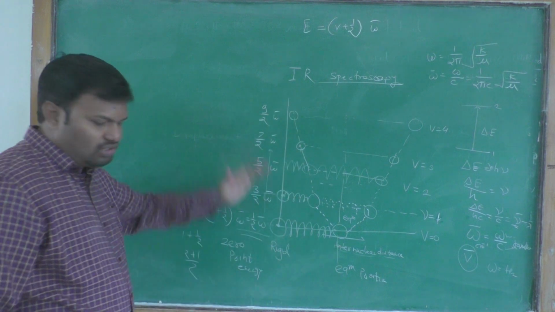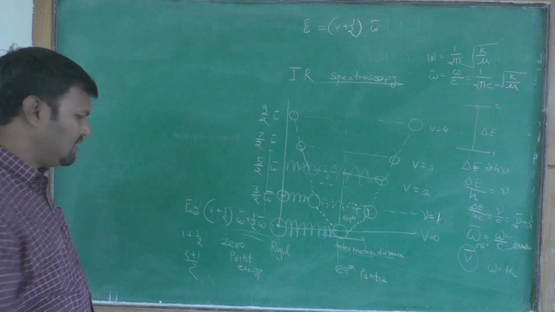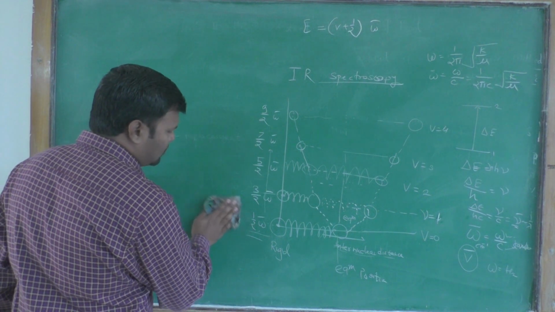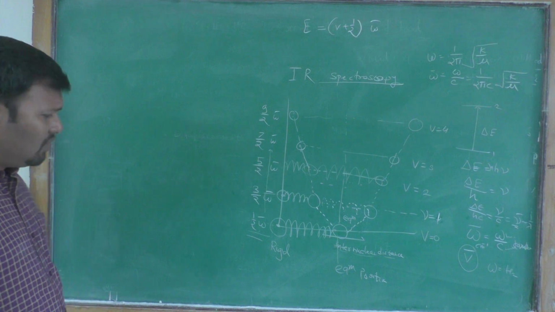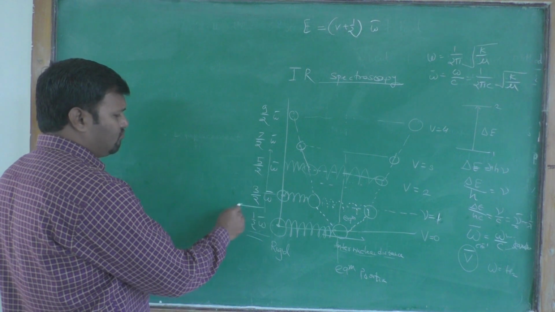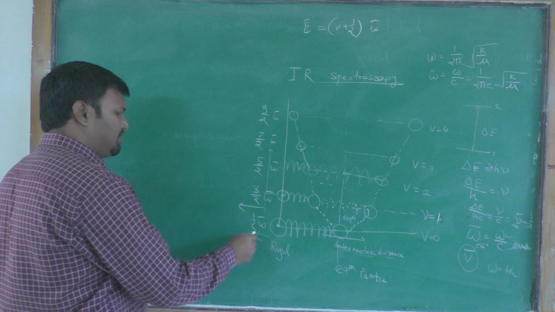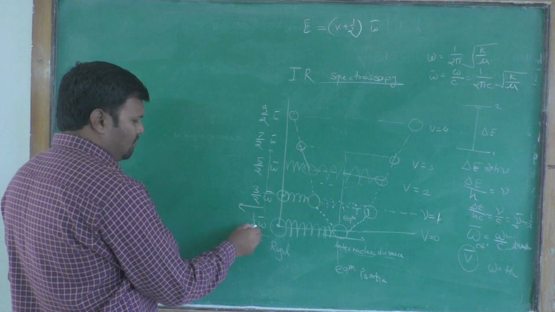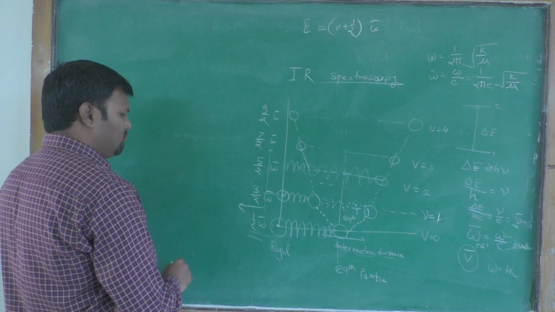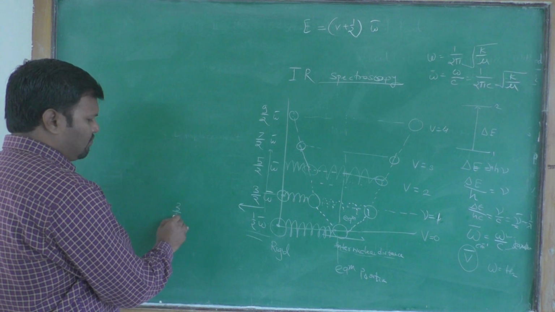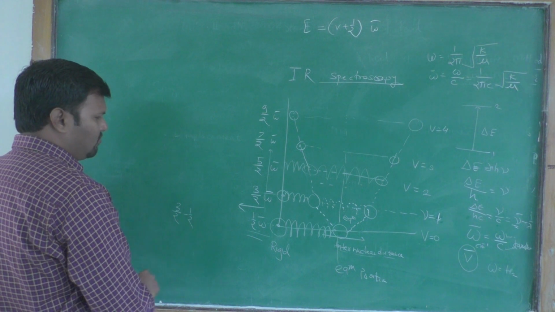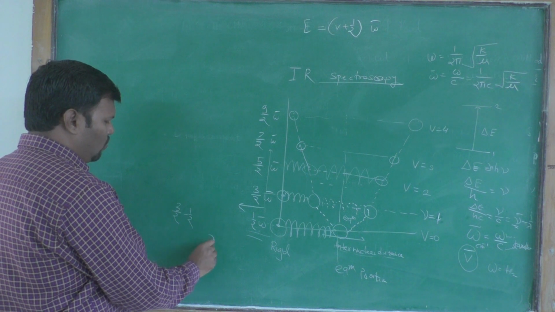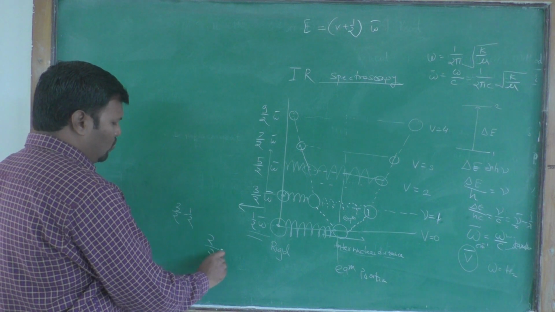For each level there is an energy you will observe. If you subtract the energies, the difference between 3/2 and 1/2 is 3 minus 1 upon 2, which is equal to 1.